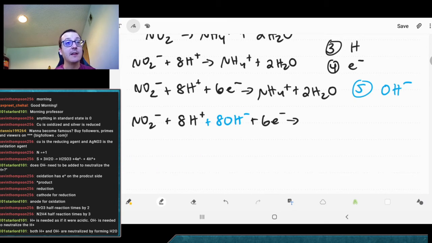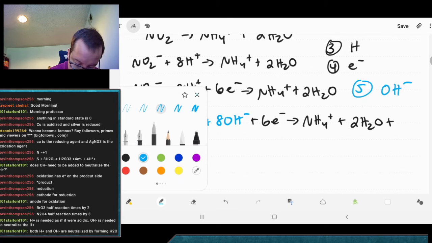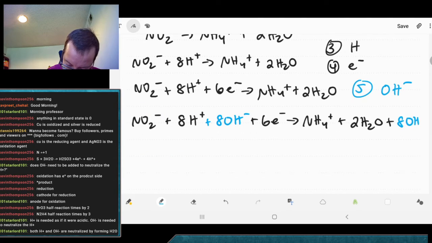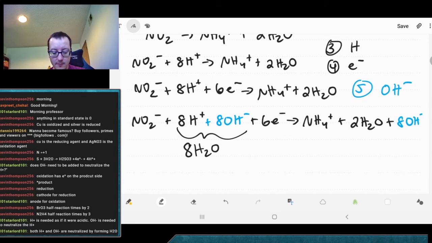we're going to add 8 hydroxides to both sides. And as Kevin has noted, this becomes water. Becomes 8 waters, in fact. And if we notice, we have 2 waters on the right, 8 on the left.